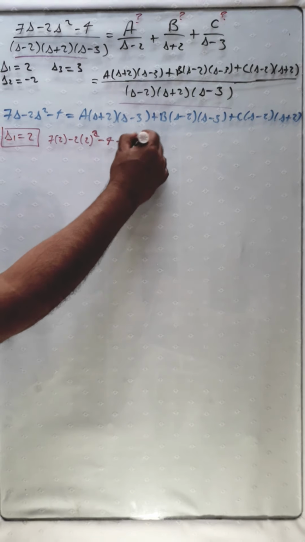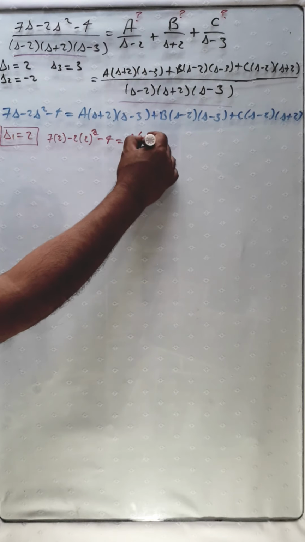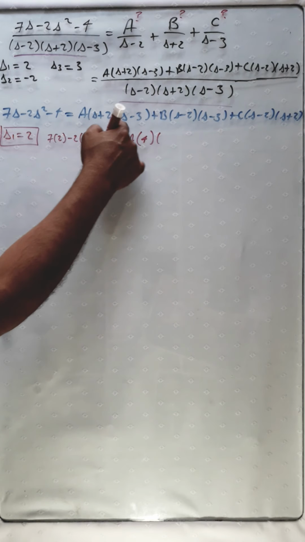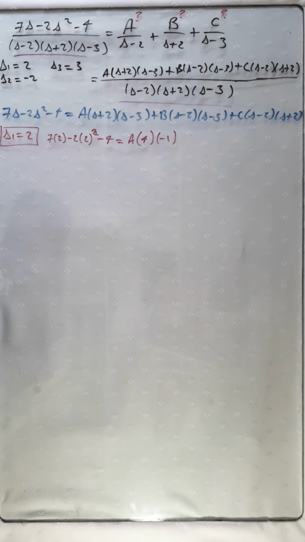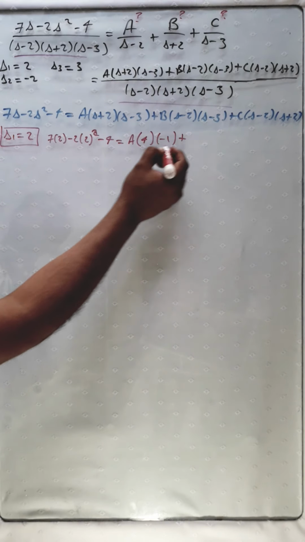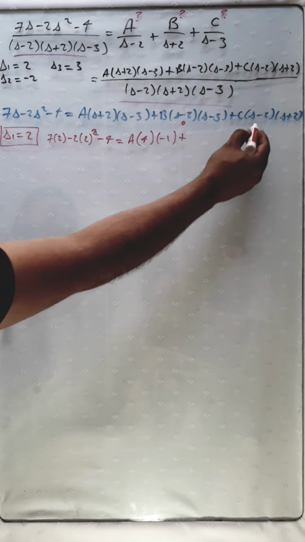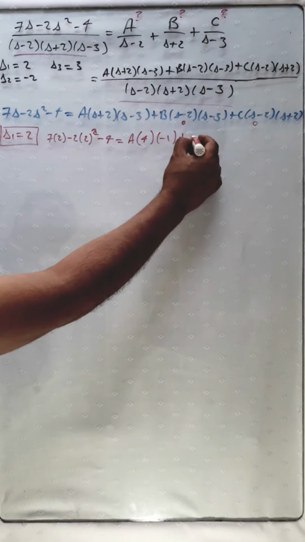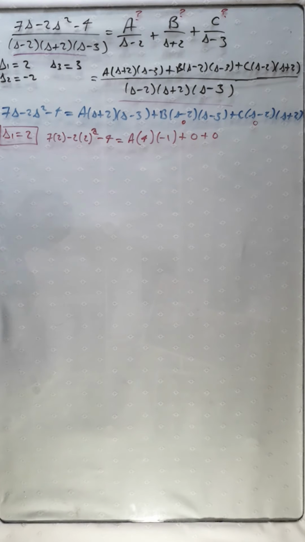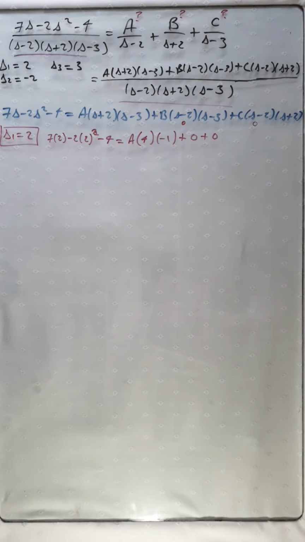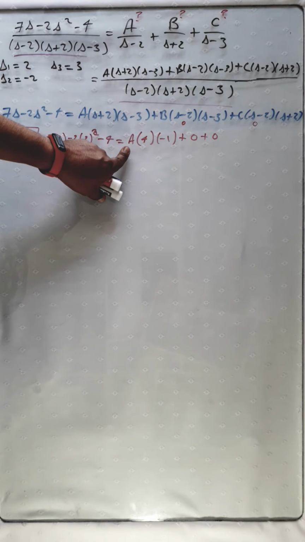And that is equal to A times 2 plus 2, which is 4, times 2 minus 3, which is minus 1, and that's it. And what happens to the others? This is 0, and this is 0, because 2 minus 2 is 0. So the values of B and C are cancelled, and the only one surviving is the value of A.